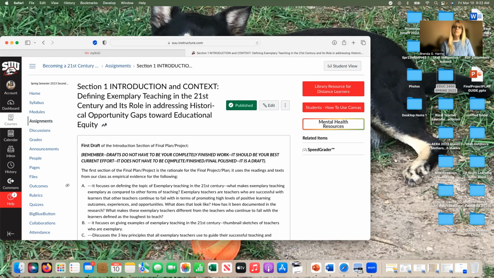Okay, so let's take a little look at what your first draft should look like. I put a note here. Remember that drafts do not have to be your completely finished work. It's going to take some time, and a good writer always writes a draft, lets it sit just a little bit, comes back to it, refines it, has somebody else look at it, give feedback.